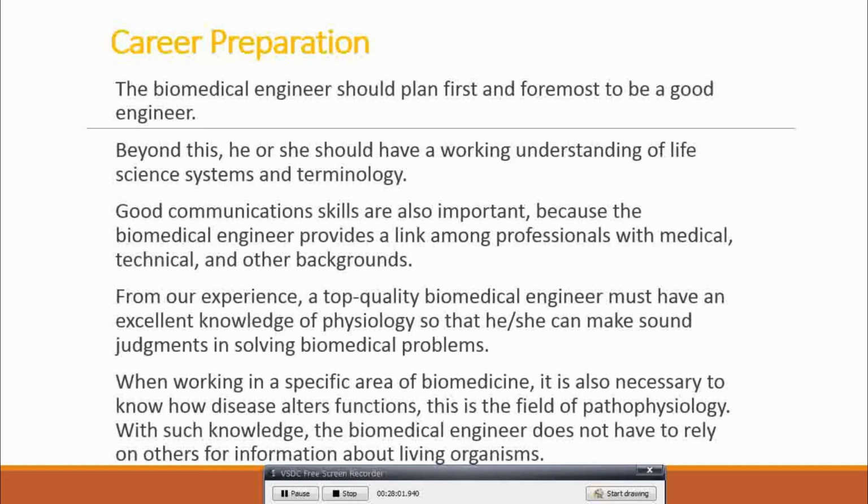So you have to be ready with this knowledge as well. What else? So when you are personally equipped with the pathophysiology, physiology, and biomedicine knowledge, you don't have to rely on others. You will be able to sustain yourself in that position, right?